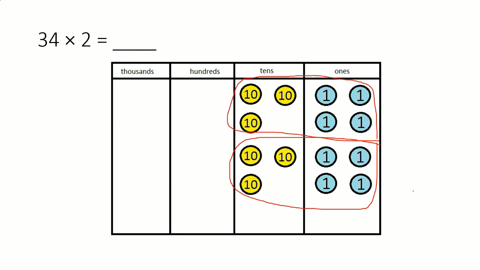How many ones and tens are there in total? 1, 2, 3, 4, 5, 6, 7, 8. 8 ones. 1, 2, 3, 4, 5, 6. 6 tens. Therefore, we can say that 2 groups of 34 gives us 68.